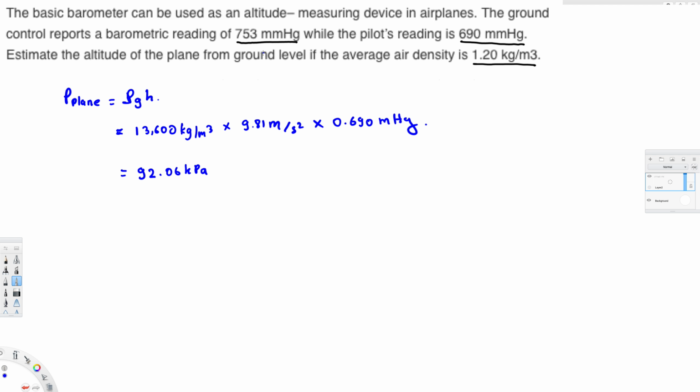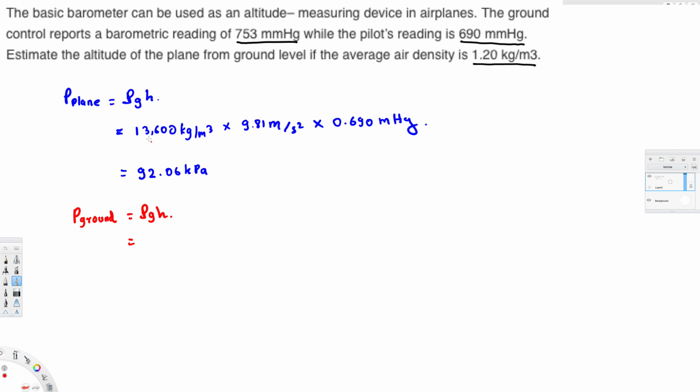So let's see what they measured from the ground level. On the ground level they measured P ground. So for P ground, we have rho gh again, that is 753 millimeter mercury. This is the height difference of mercury.